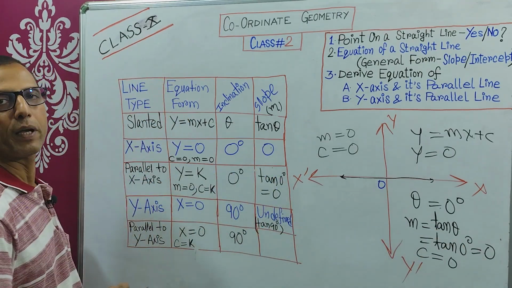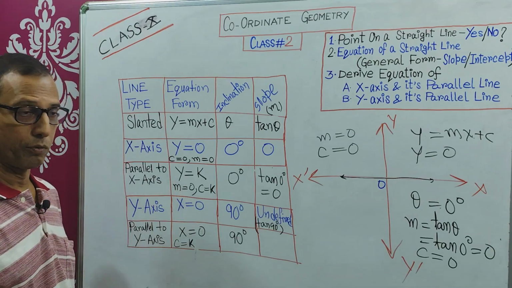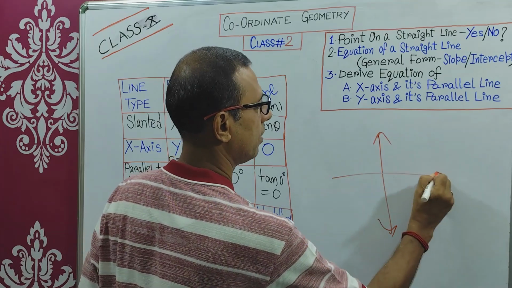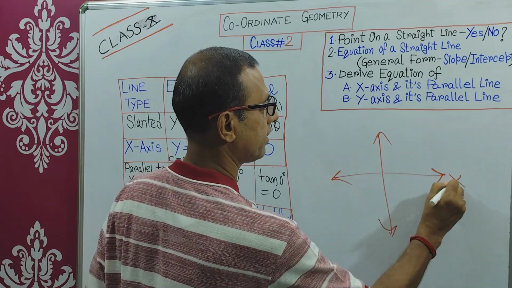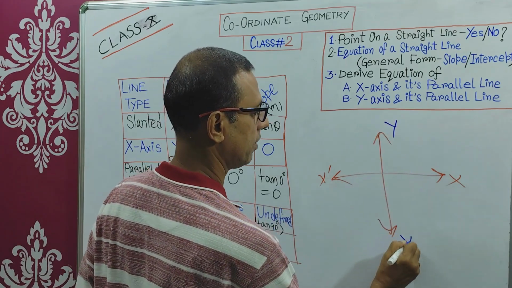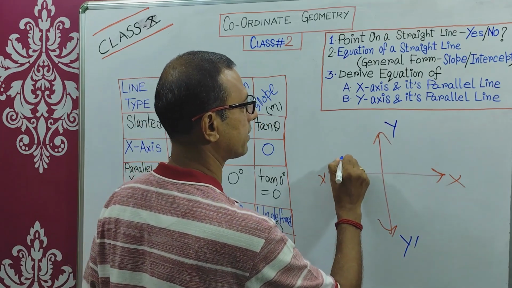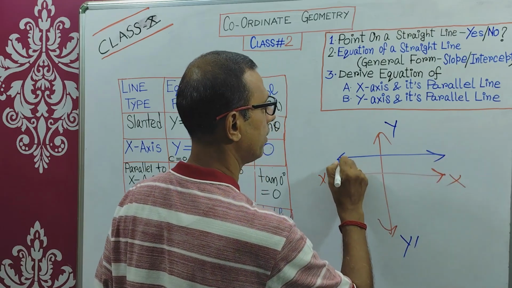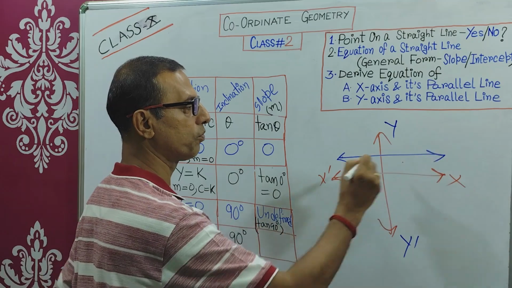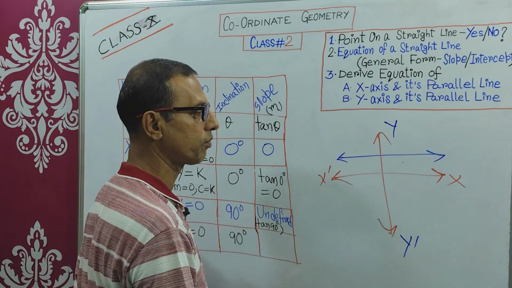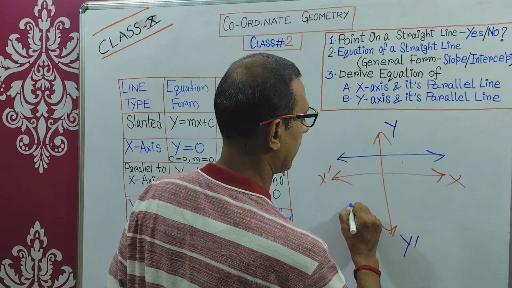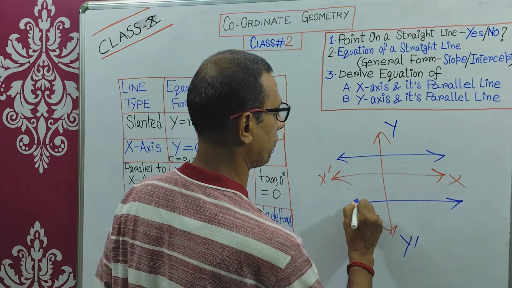Next is parallel to the x-axis, not the x-axis but parallel to the x-axis. So now if this is the x-axis and this is the y-axis, a line parallel to the x-axis could be here, that is in the first and second quadrant. The line can pass through the first and second quadrant, or the line can pass through the third and fourth quadrant.